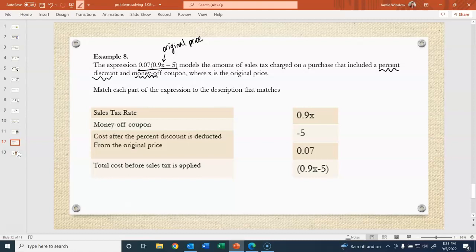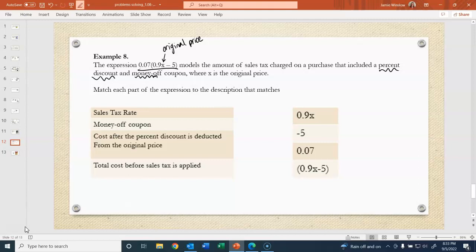So this is like saying everything is 50% off, right? And then you get to the register and you also have a $5 off coupon. Most places don't let you use both at the same time, but it looks like this place does. That's nice. Match each part of the expression to the description that matches.